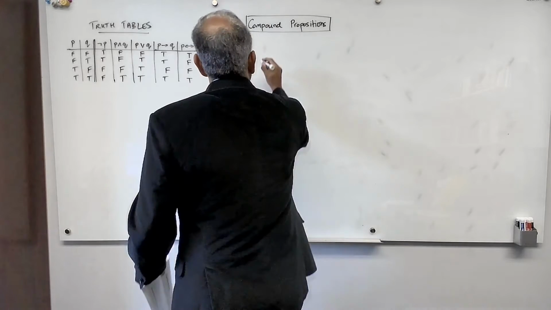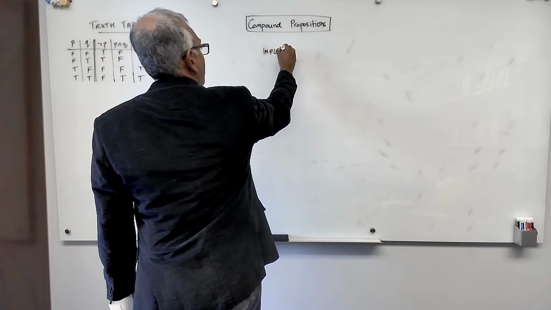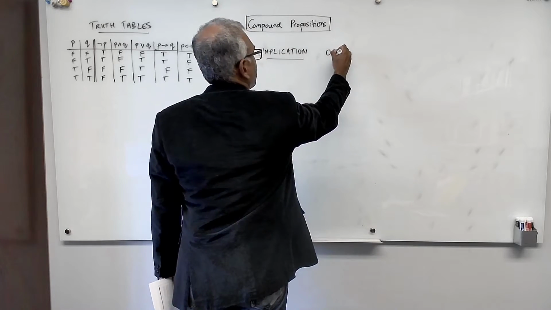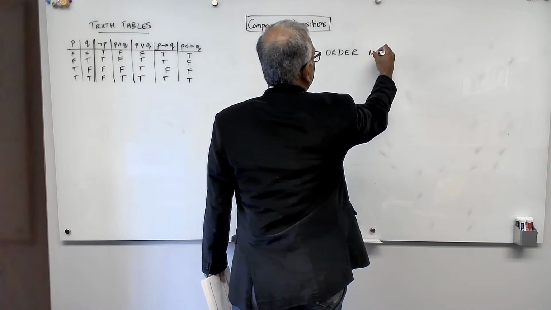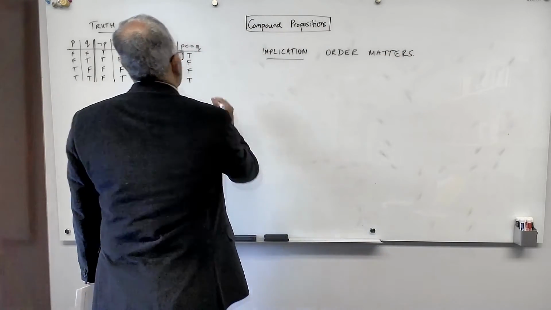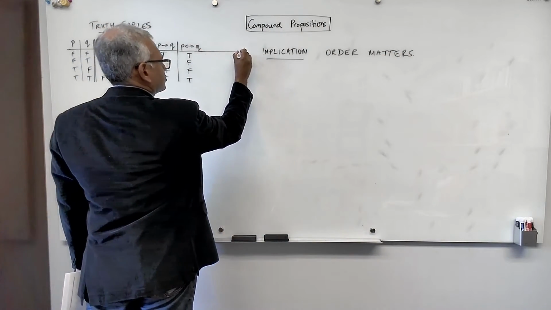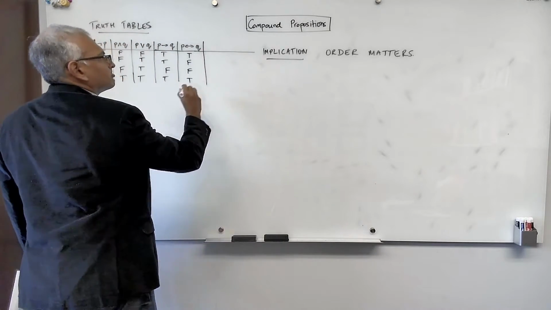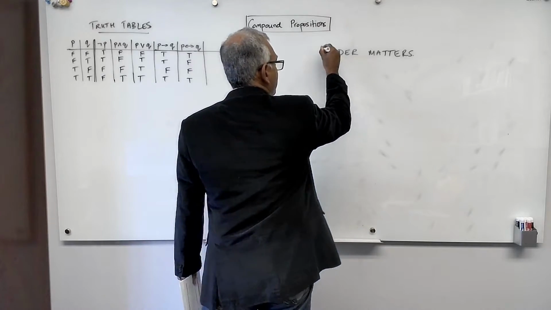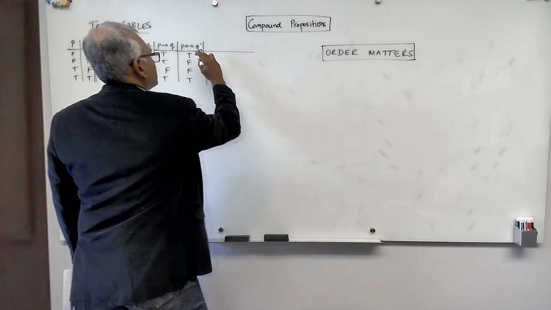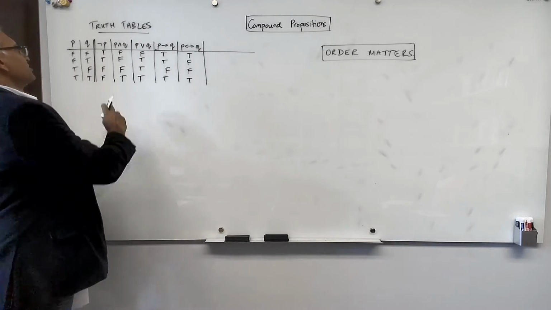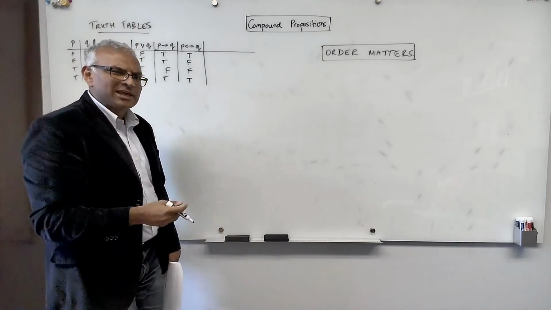Okay, when it comes to implication, order matters. Okay, so now what I'm going to do is I'm going to extend this truth table with a bunch of other formulae, with a bunch of other compound propositions that involve P and Q. And let's just play along for the moment.